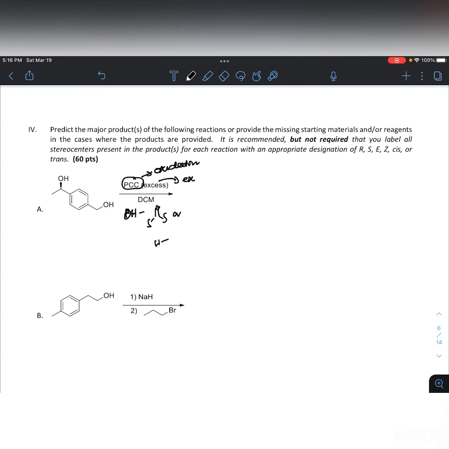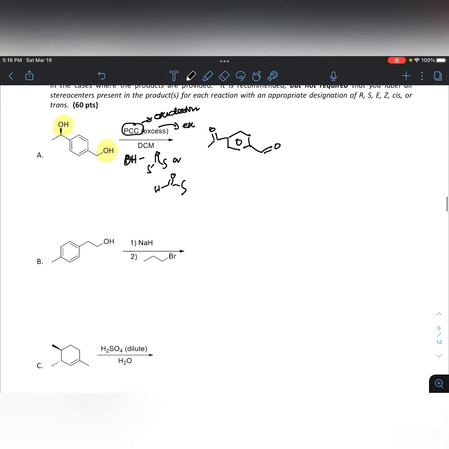So this would be this. Looking at this right here, I can tell that there's this alcohol and then this alcohol. So the product that I should be expecting to form will be something like this and then something like this. All right, let's move on to B.